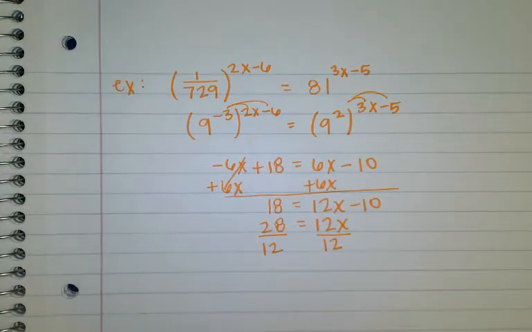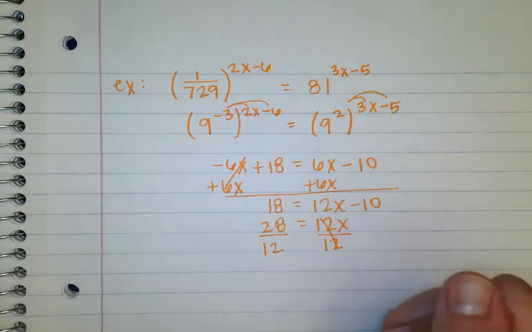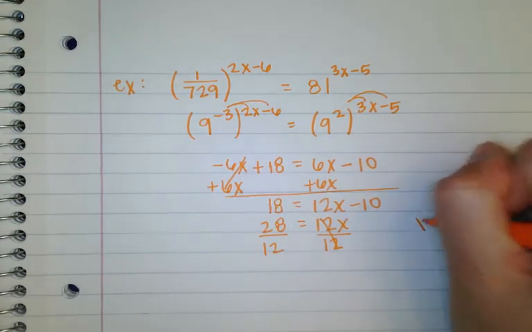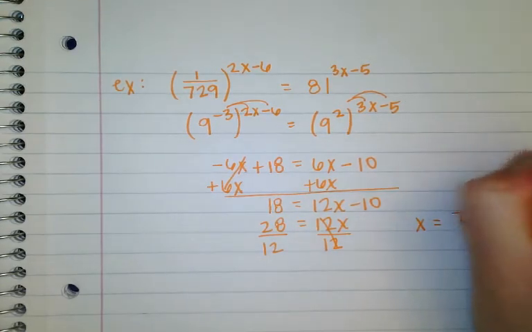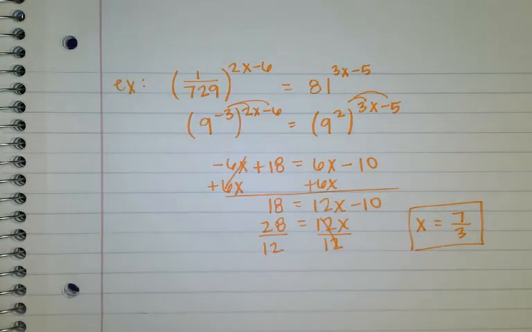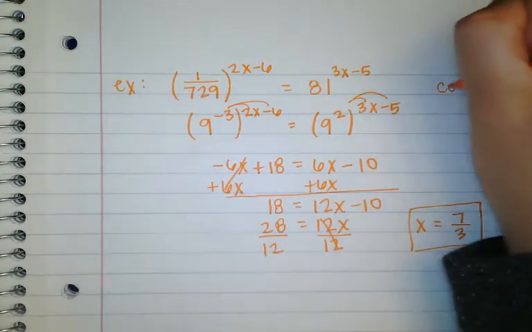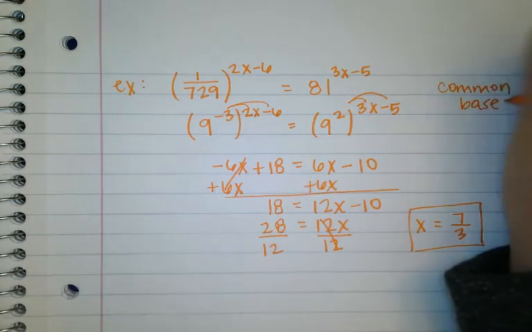And then I'm going to divide by 12. And let's go ahead and reduce that. 28 and 12 are both divisible by 4, so I have 7/3 as my final answer. Oh, I guess I didn't write the common base we chose to use was 9.